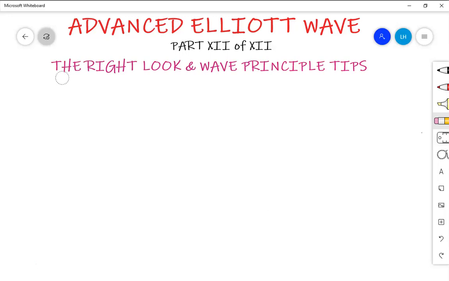So now, people may misinterpret the right look. People may enter into a wrong look when there is an extension. So how will you identify that there is an extension?